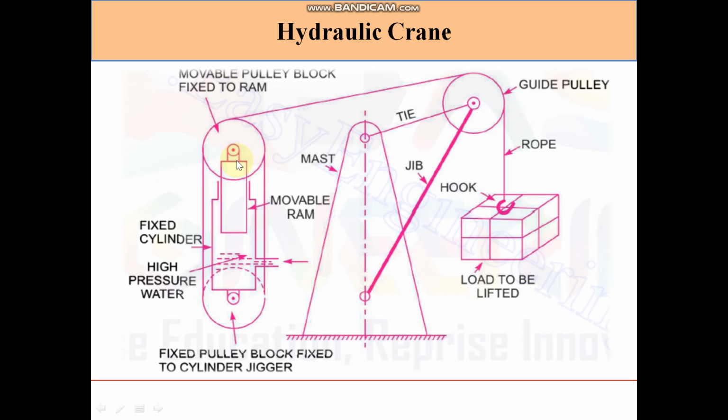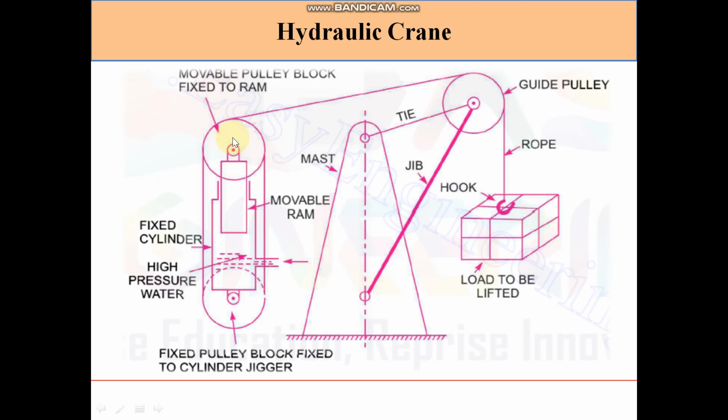To the movable pulley, the movable ram is attached. This movable ram surrounds a fixed cylinder. In the fixed cylinder, the high pressure fluid can enter. So whenever it is required to lift a heavy load, the high pressure liquid enters inside this fixed cylinder, and that will apply the force on the movable ram.